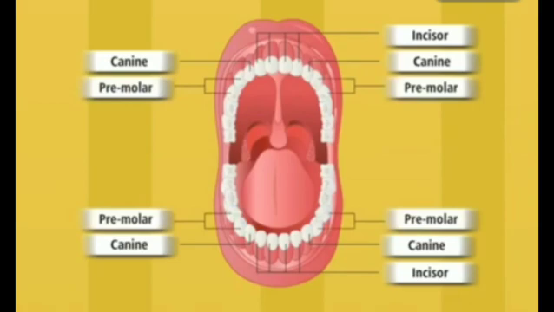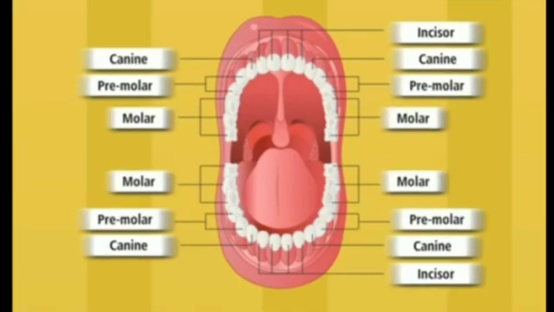Now I will show you molars. Yes students, now look at this picture. Look at the last 3 teeth on both sides of each jaw. The last 3 teeth are broader than the premolars, so these are called molars. As you can see in this picture, there are 3 arrows beside the premolars on both sides.